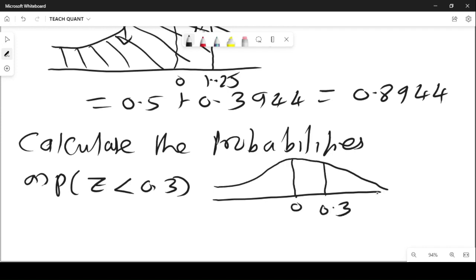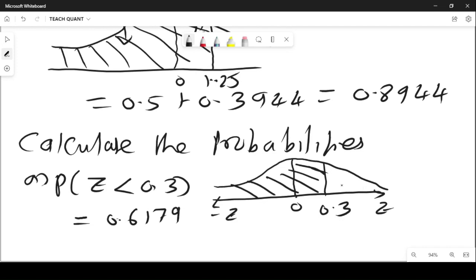You ask yourself, which part are we interested in? You're interested in all this portion. And that, if you go to your tables, you'll get is 0.1179. So you get 0.3 here, which is 0.1179, and then you add to 0.5. If you sum the two, you'll end up getting that probability.